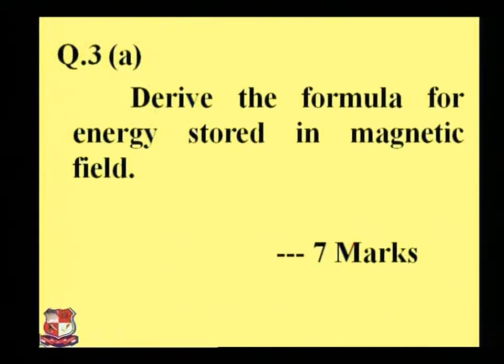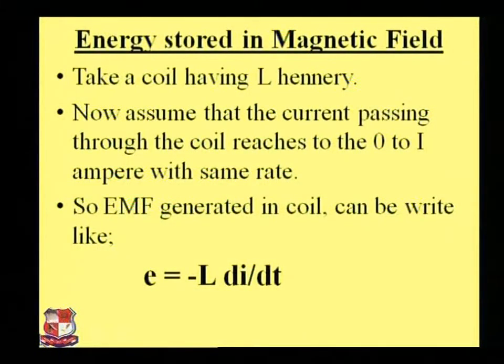Now the next question: derive the formula for the energy stored in a magnetic field, that is, how much energy is stored in a magnetic field. Starting with the question, take a coil which has the inductance L Henry.